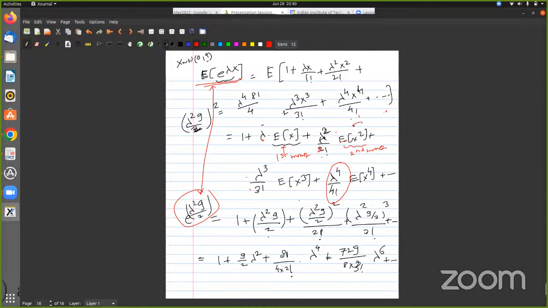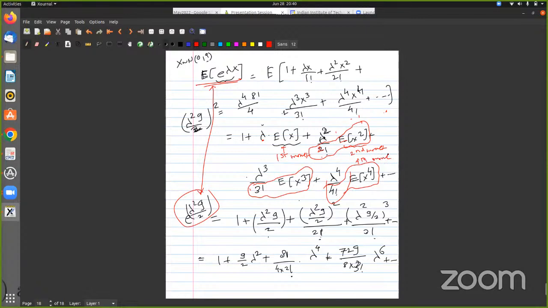So this entire thing is my second moment. Similarly, this entire thing is my third moment. And the coefficient of lambda to the power 4, this thing is my fourth moment. Correct, right?